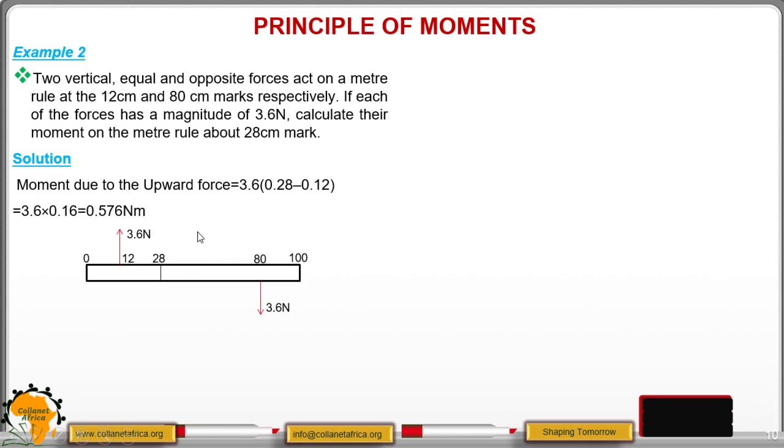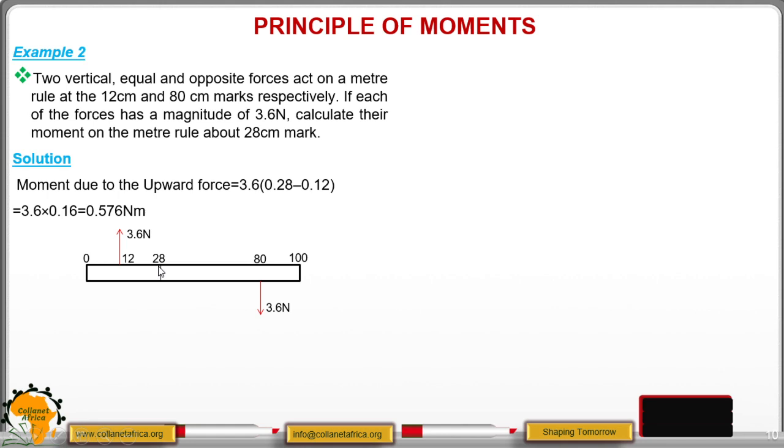So first of all, we have this diagram here, and of course you can see this force and also this one. If you want to know the moment, you can start with the upward moment, whereby this force produces the upward moment. You take this force, which is 3.6 newtons, multiplied by the distance from here to here.